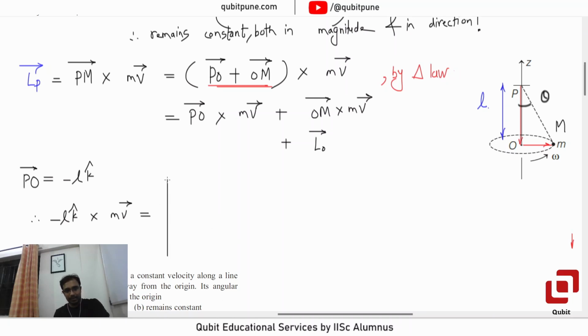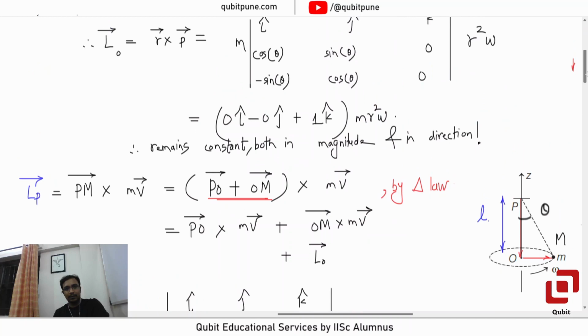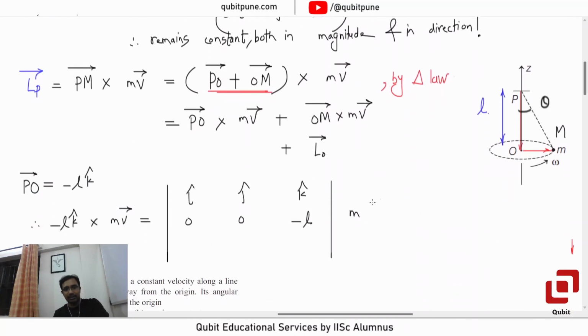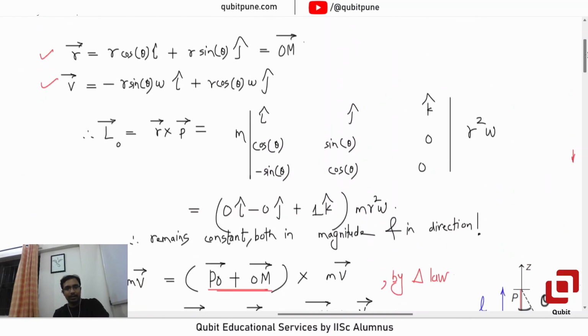Rows: 0, 0, negative l, and MV bar, m will come outside, omega and R will also come outside, and negative sin theta and cos theta will remain inside.